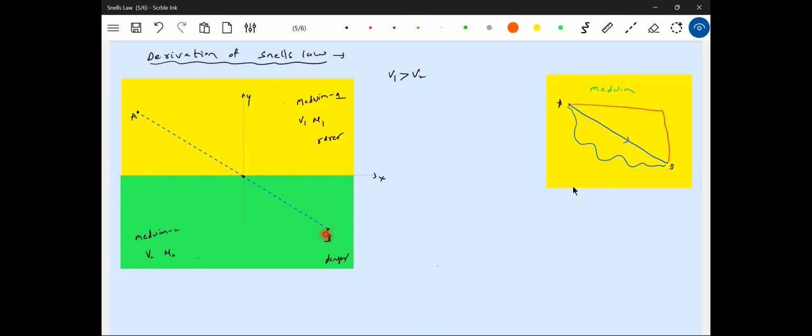This is called Fermat's principle, the principle of least time. Here I'll write down Fermat's principle.